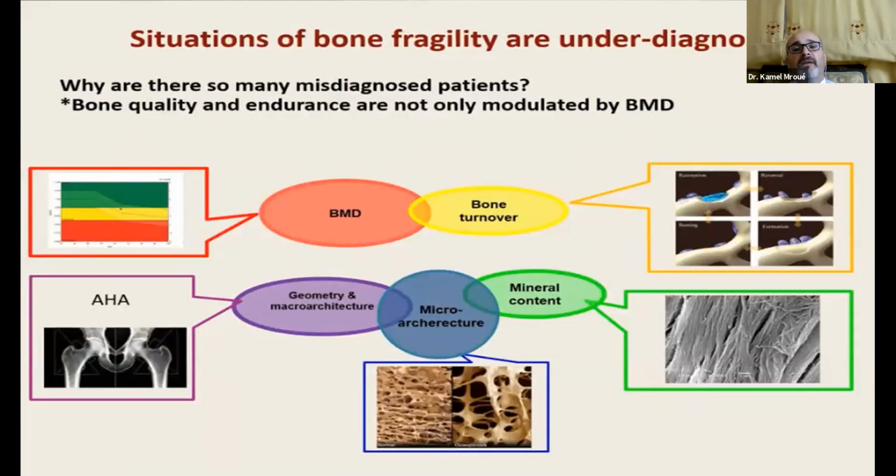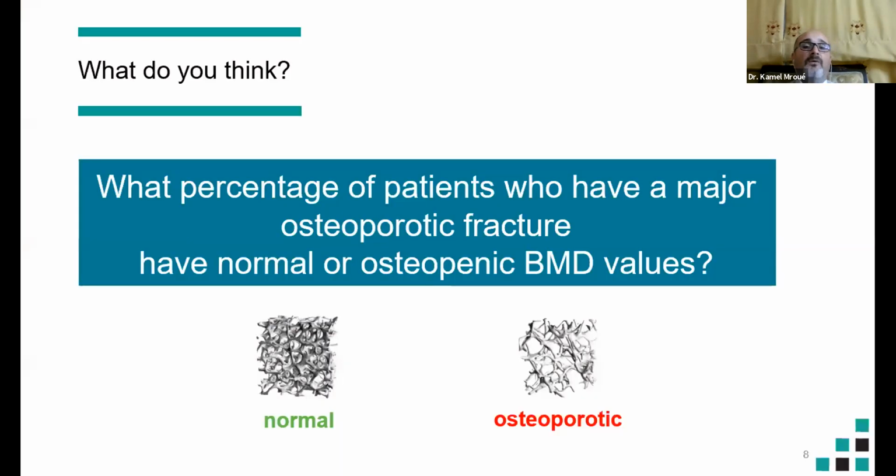So if we have a means to measure the bone mass and the bone microarchitecture, this will be fine for us. Why am I saying so? Because many of our patients in our real life practice still fracture at normal bone densities or even osteopenic bone densities.